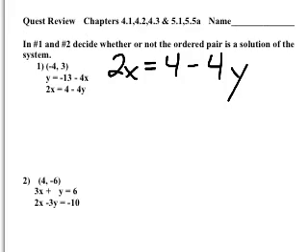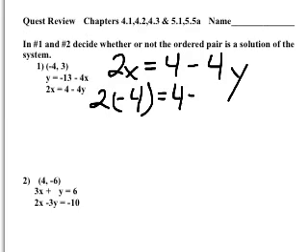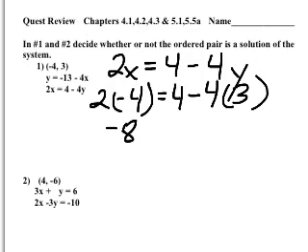Okay, we'll try it for the next equation. Same numbers. -4 in for x and 3 in for y. So here we get a -8. -4 times 3 is -12. 4 minus 12, or 4 plus a -12, is -8.